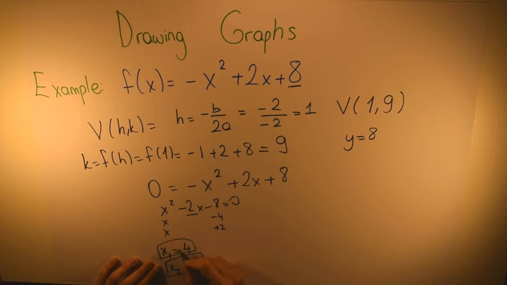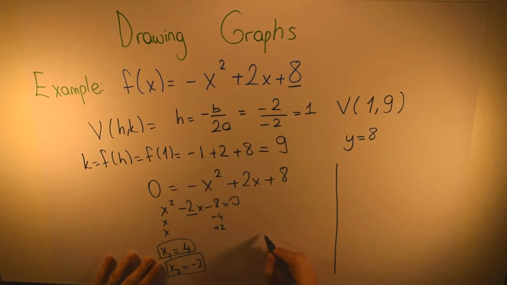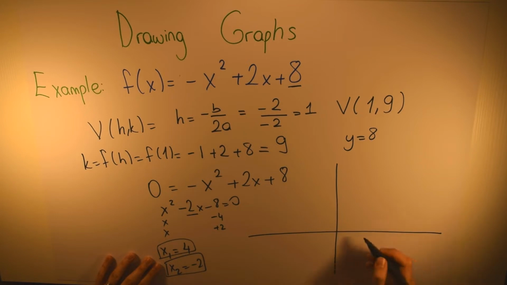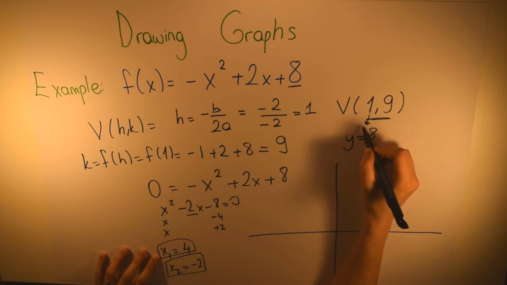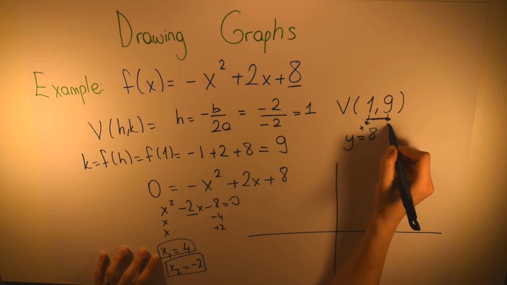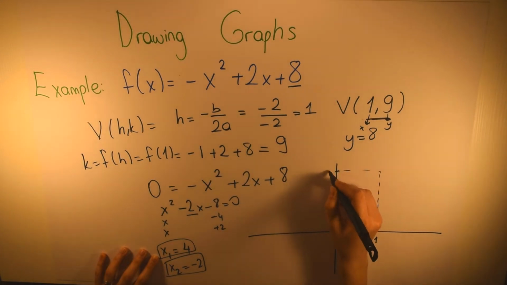So let's put all these on our graph. How do I do that? I draw these lines, and let's start with our vertex point. Here I have (1, 9), right? So here it's 1, and here we have, let's say, 9 somewhere here.